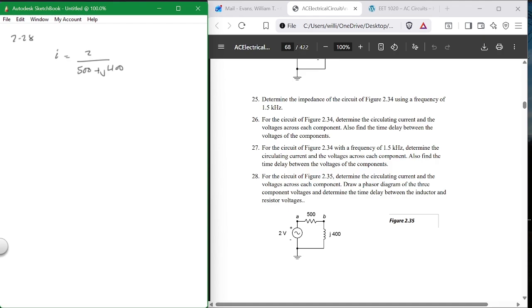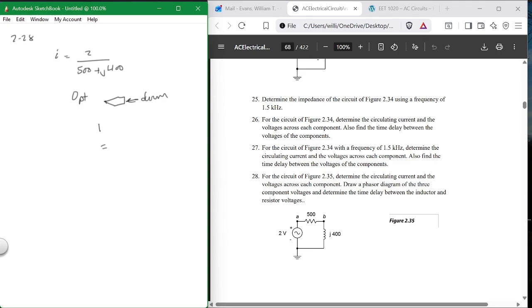Say 2 divided by parenthesis 500 plus 400i in parenthesis equals. Then option, down, 1, and then the equals.